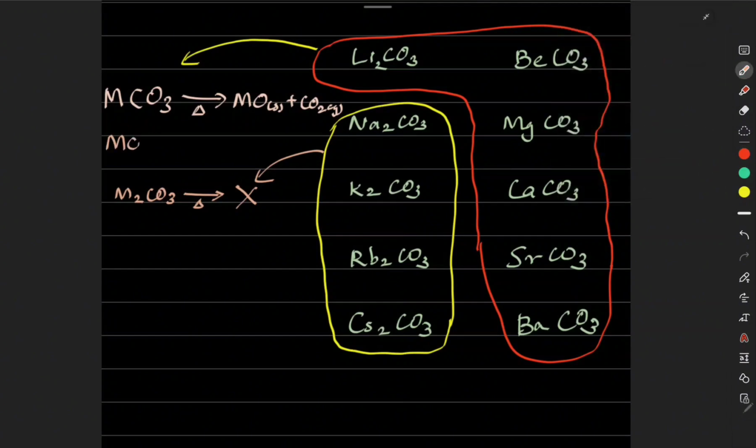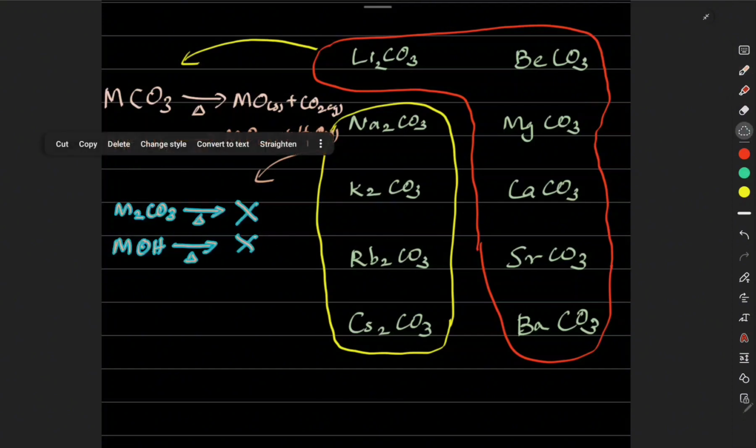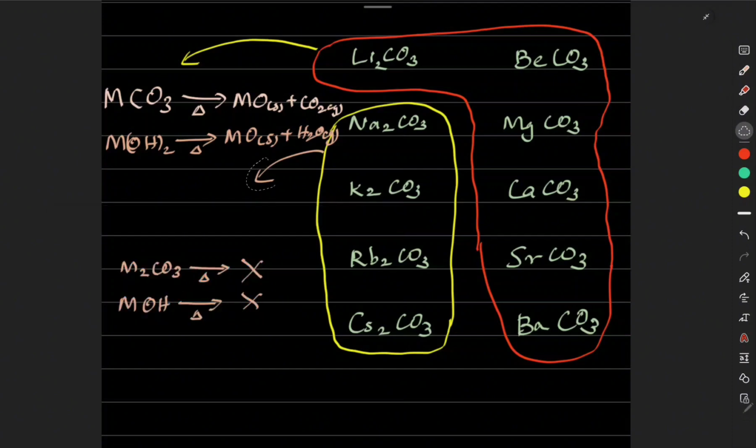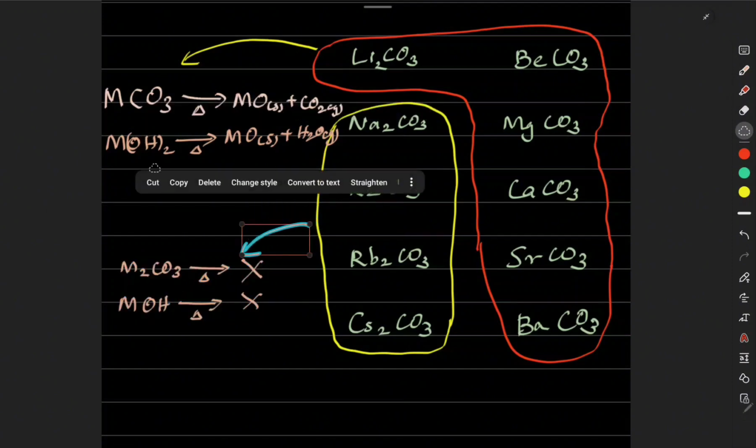Group 2 metal hydroxides undergo decomposition: they decompose into metal oxide solid plus H2O gas. Here the group 1 metal hydroxides, when heated, do not decompose.